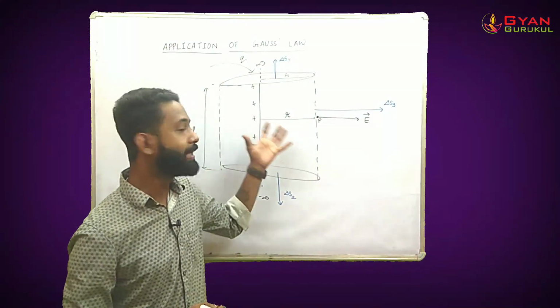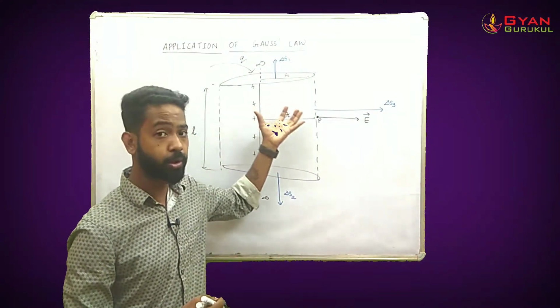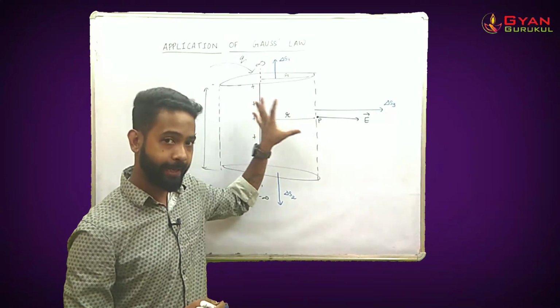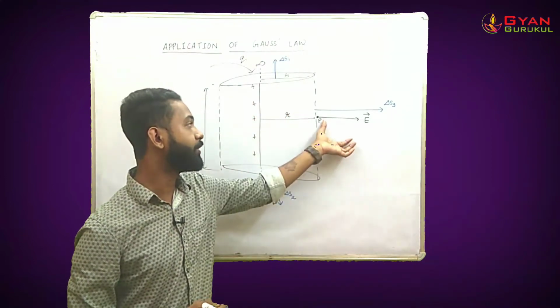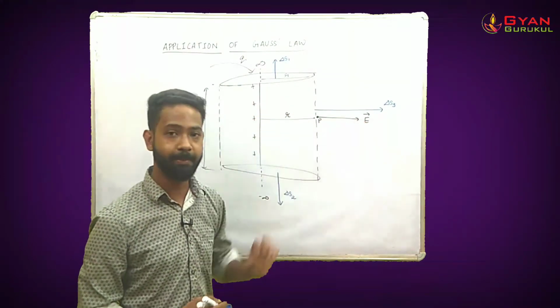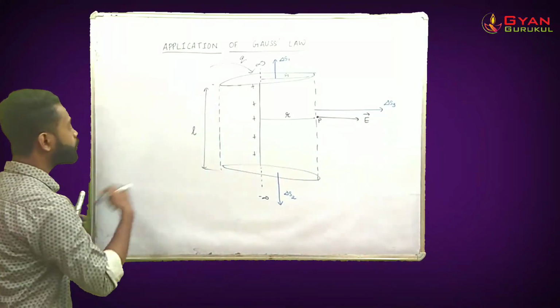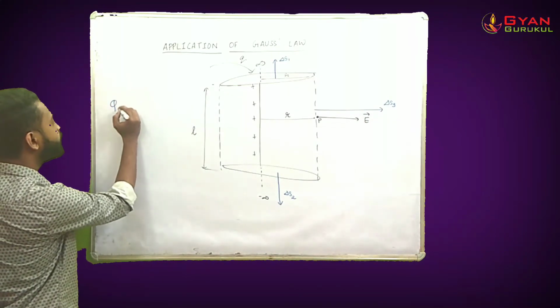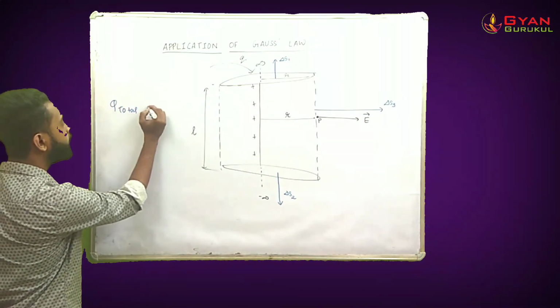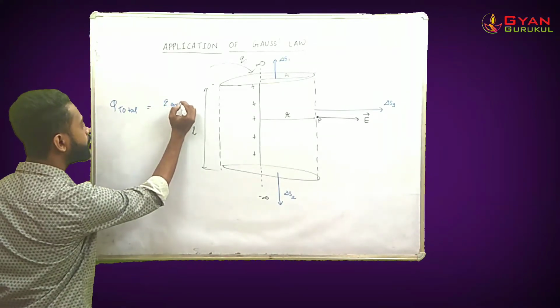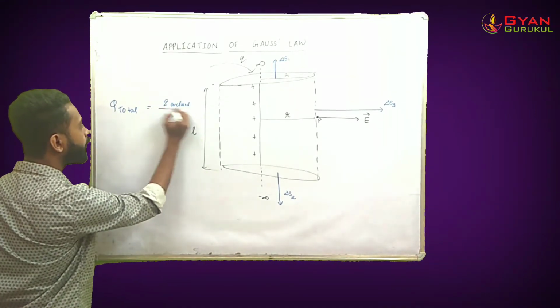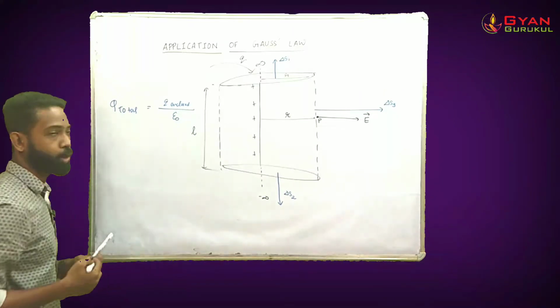So now we'll be applying Gauss's law for this particular surface, and hence we'll be finding out the total electric field at this point P, which is represented by E. Gauss's law says that the total flux phi total is always given by Q enclosed by epsilon naught.